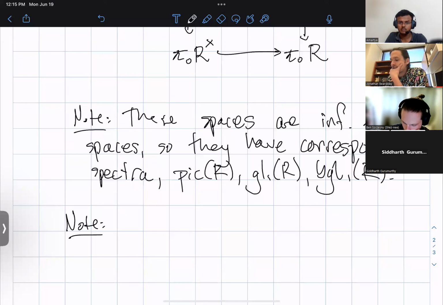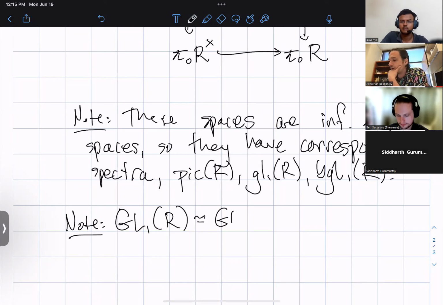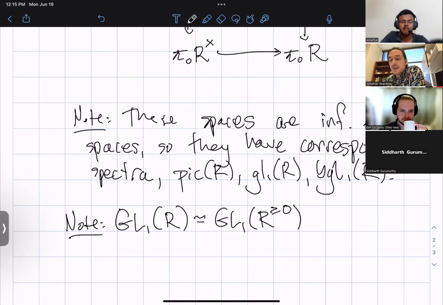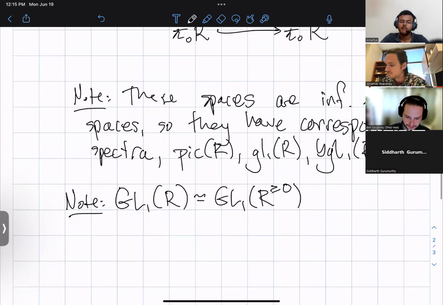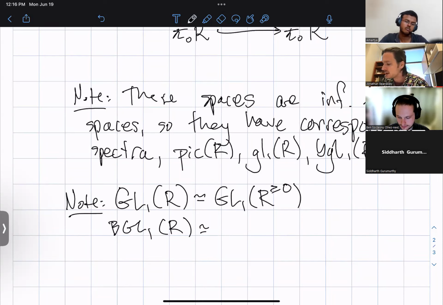Another thing to note about this is GL1R is equivalent to GL1 of the connective cover of the ring spectrum R, basically because it's built out of loops infinity, and loops infinity ignores non-connective stuff. And so by delooping, the same thing holds for BGL1R.